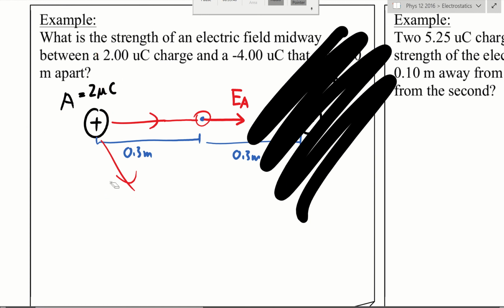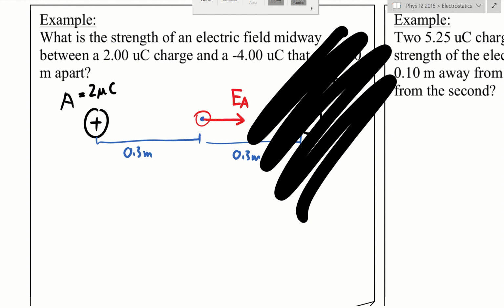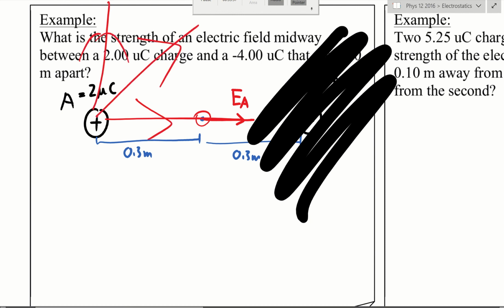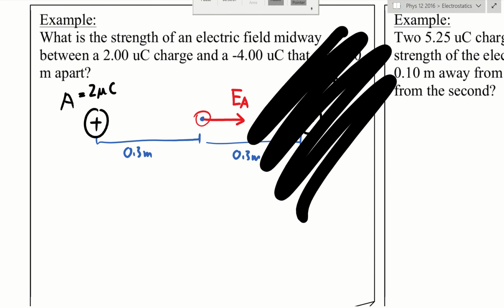From charge A, at that point, the electric field is going to the right. Why? Because this is the positive charge, and positive charge always has electric field that goes this way, this way, this way. So the one that goes through that point is going to the right. All right, now we can find that answer with just one equation.